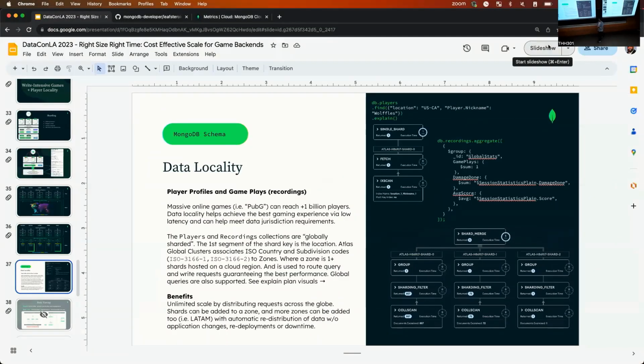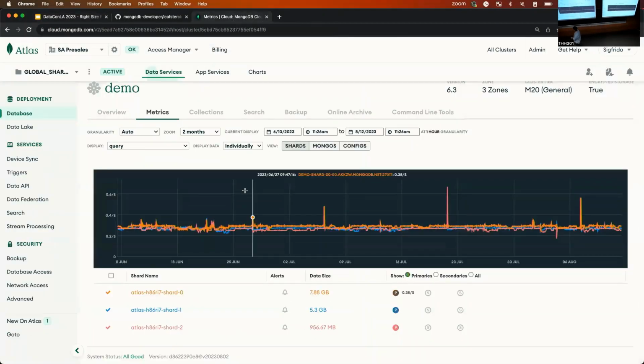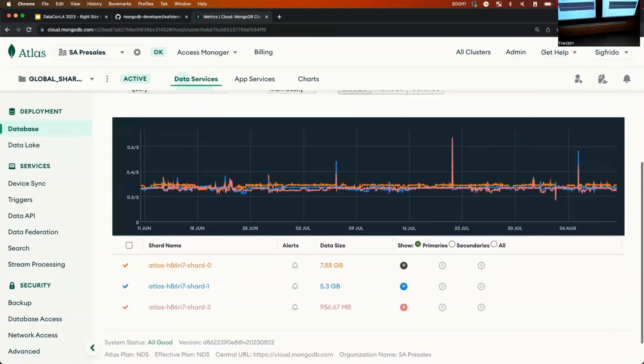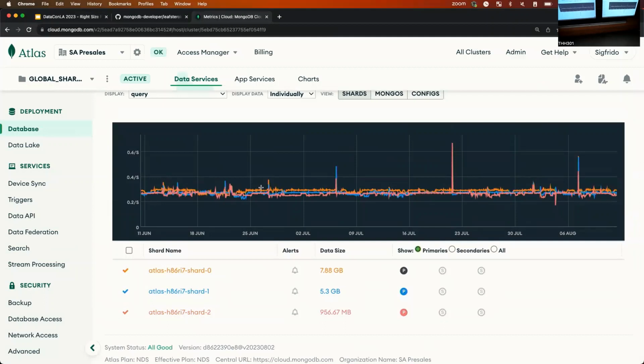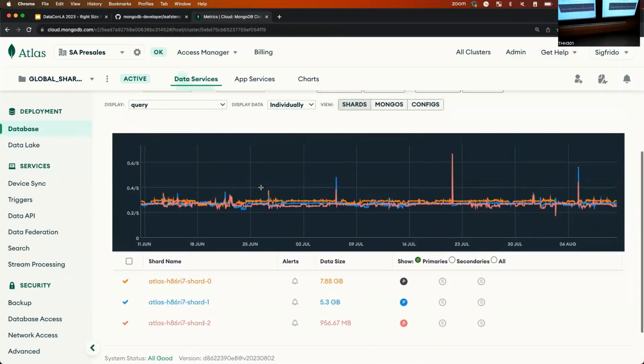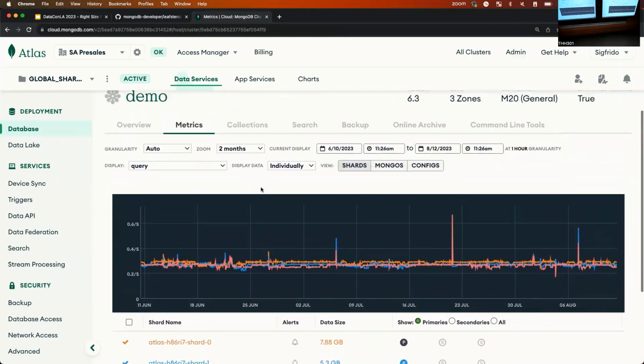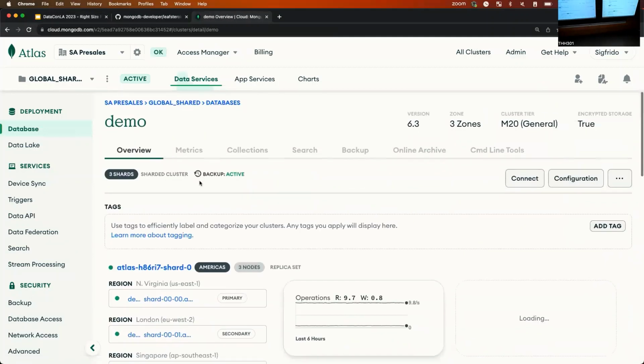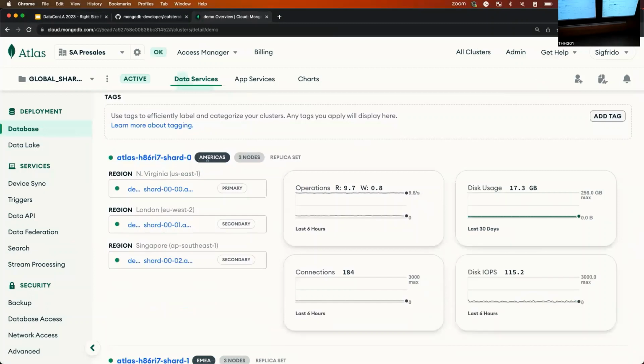All right. So here is a real global cluster. Notice how it has 3 shards, 0, 1, 2, with different data sizes. Now, there are more things running here, but if we look here, you can see that shard 0 is actually named Americas, running on AWS US East 1.